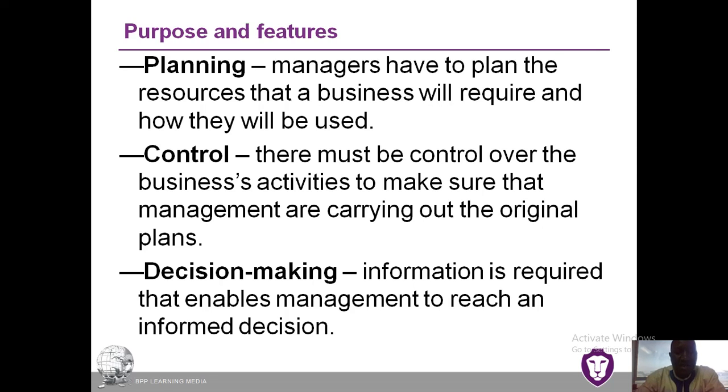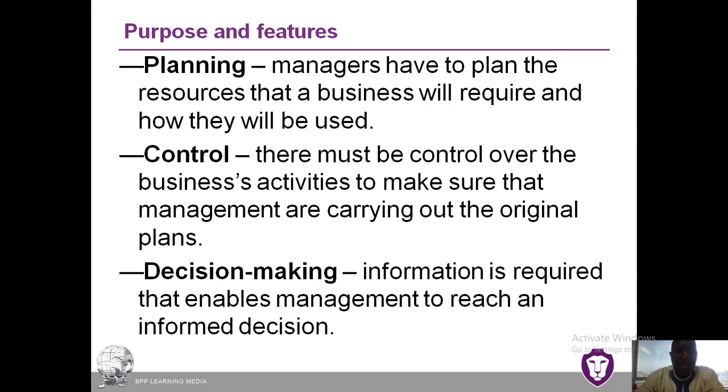Control, there must be control over business activities to make sure that managers are carrying out the original plans. So it's when information is provided that managers are able to identify whether the actual activities happening in the organization are different from what the original plans were.